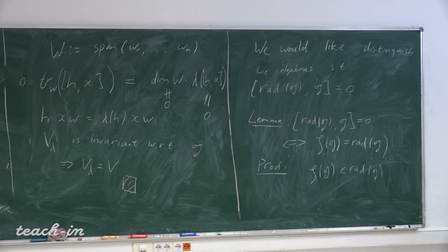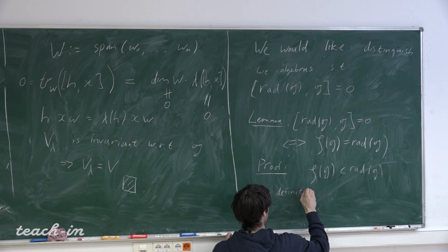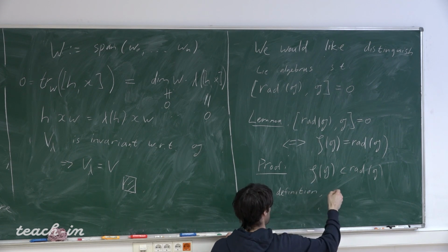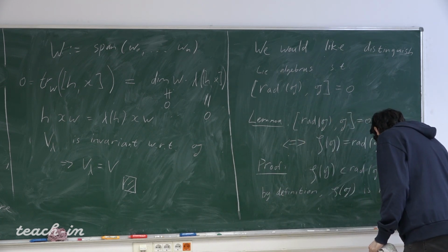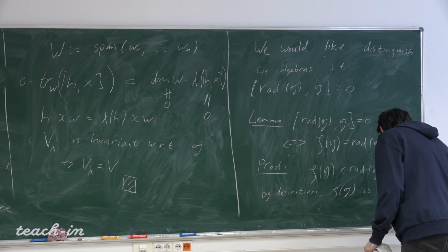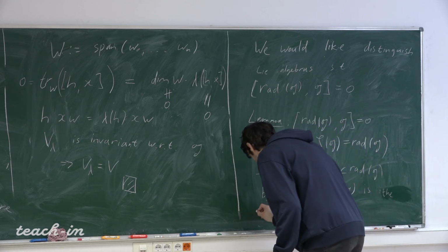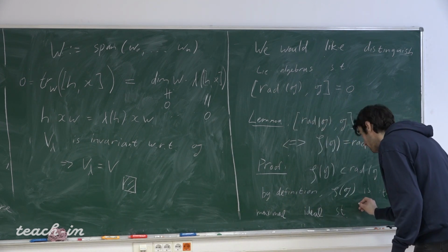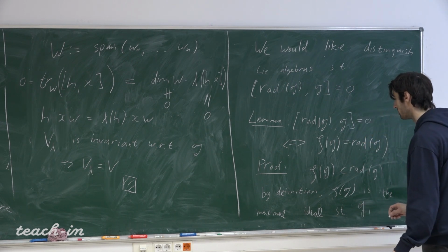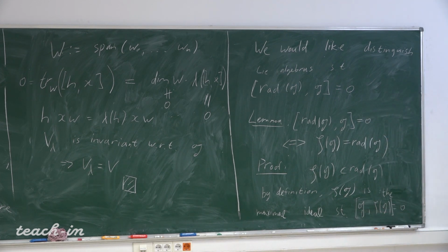But on the other hand, by definition of the center, it is the maximal ideal of G such that its commutant with G is 0.